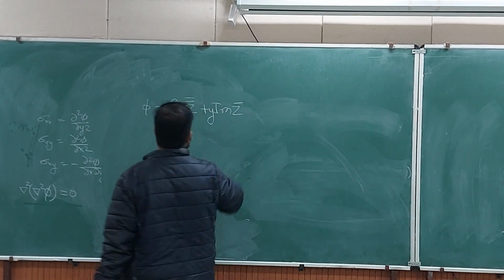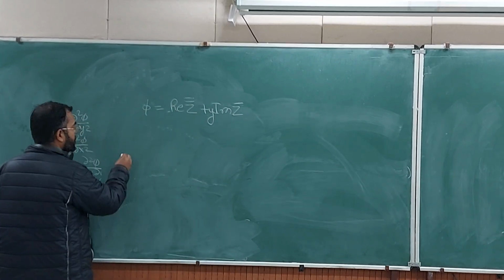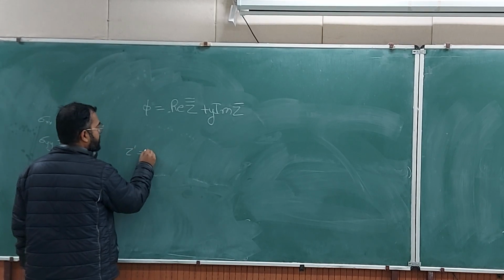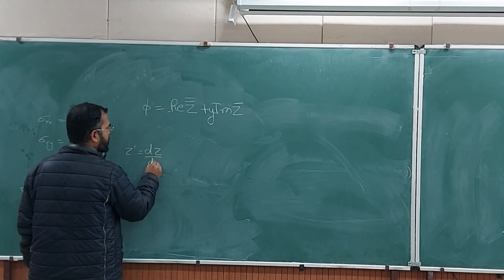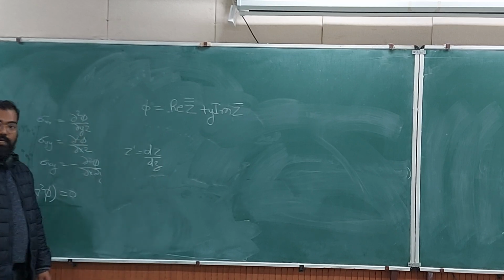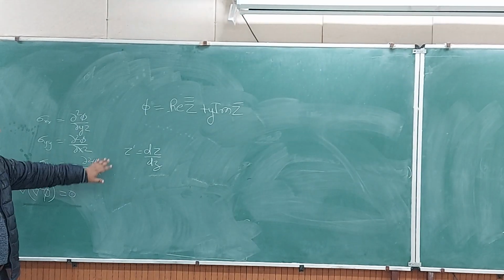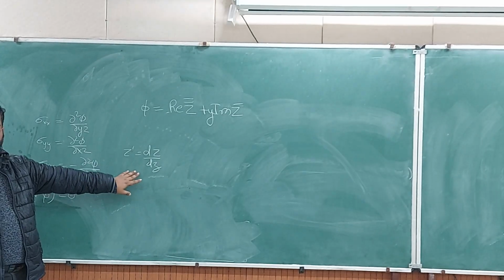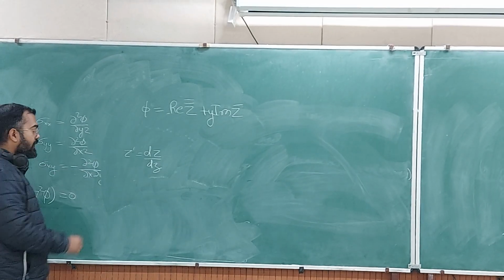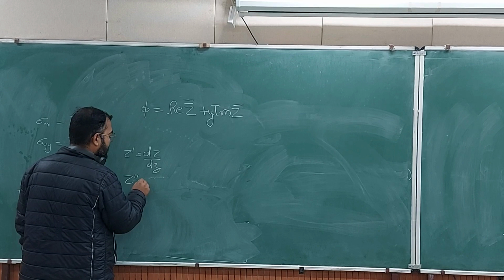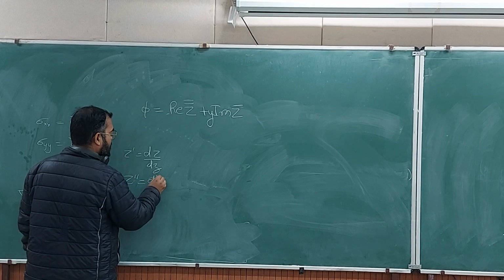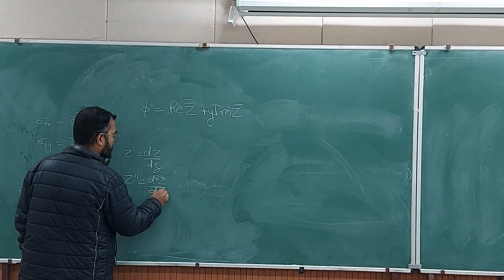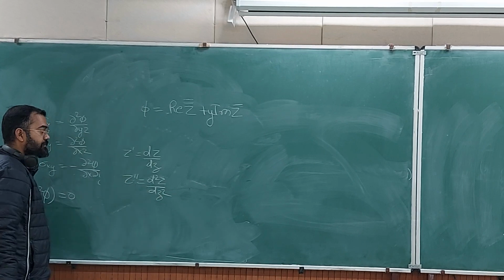And what are these notations that I have to tell you? So z dash is simply this, right? And however many dashes I put, it becomes that order of derivative. Okay, so z double dash will be d2 z by d z square and so on.